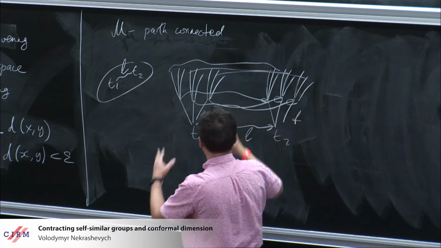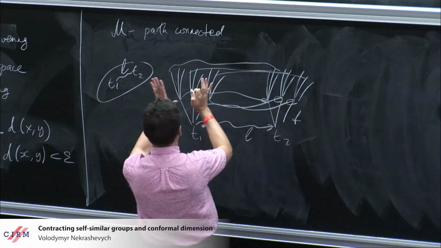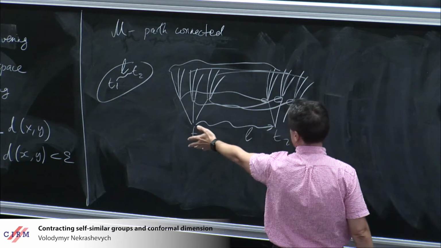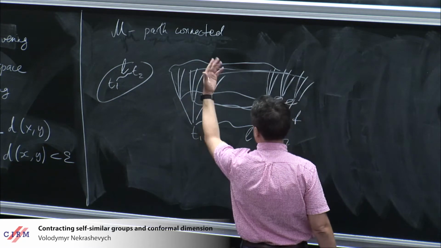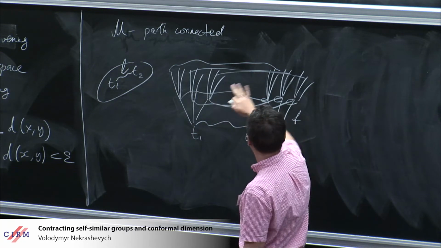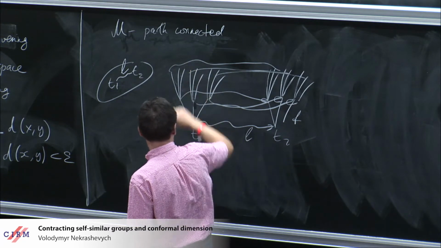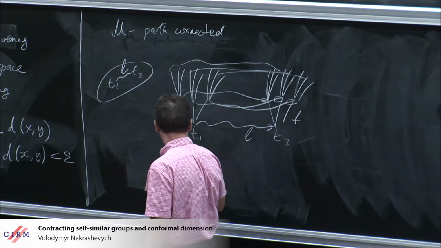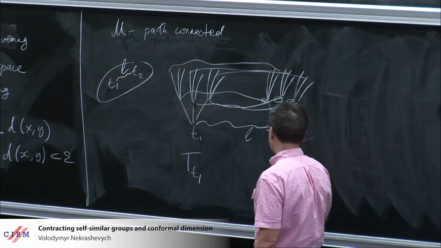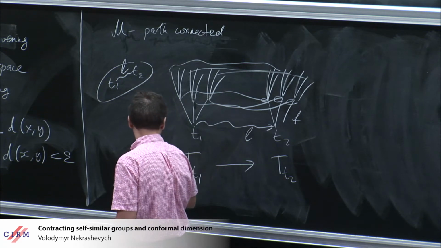If you take the union of all of this, you will get a bijection between the backward iterations, so preimages under iterations of F of T1, to preimages under iterations of F of T2. So this is arranged naturally into a tree, which I will denote Tt1. These also form a tree, Tt2, and we get an isomorphism of these trees, which I will denote SL.